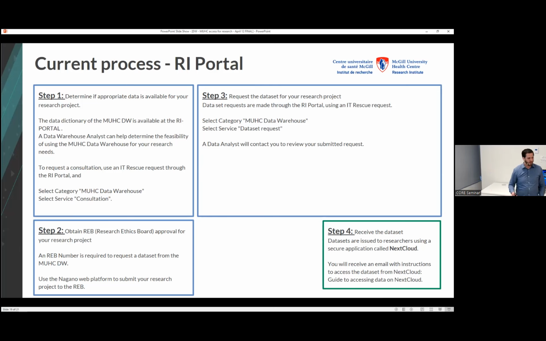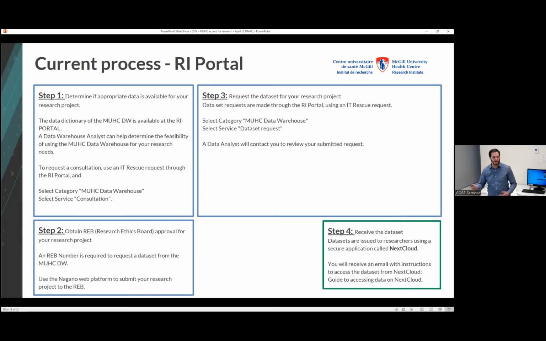They can start a request, but then they won't discharge it, they won't execute it until the ethics is there. So step 3 is actually requesting the data. It's the same process: going to the portal and making an IT rescue data set request.